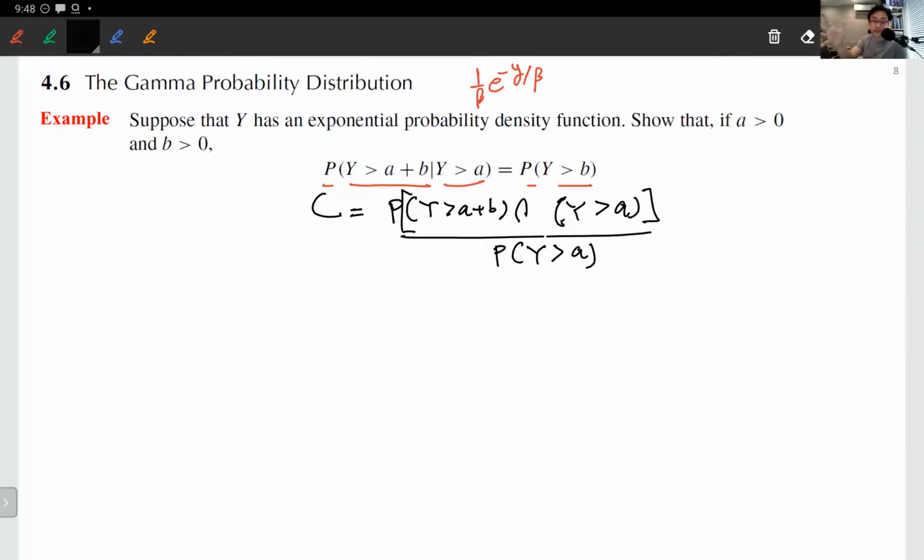Let me put it in brackets so it won't get confused. That's just a conditional probability calculation. As a starting point, of course, the intersection between y greater than a plus b and y greater than a is just going to be y greater than a plus b anyway.